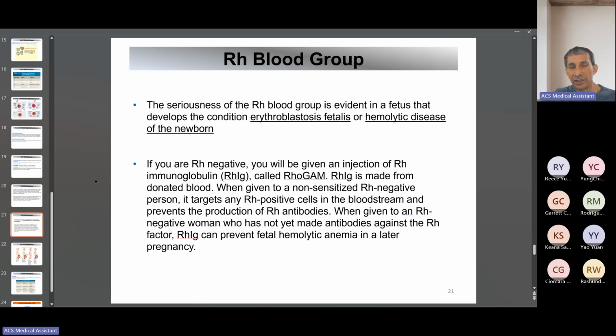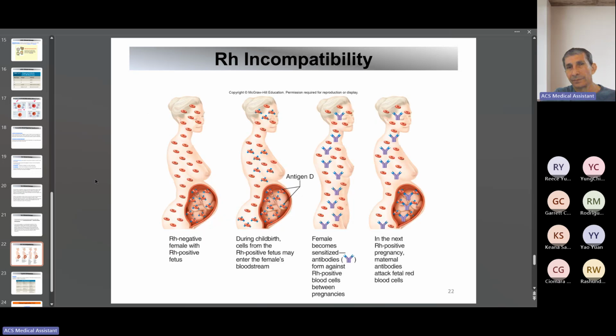Any questions about this? See, it is called Rh incompatibility. Now, remember, we have blood type incompatibility. That means that you are transfusing blood that is not matching my type of blood. But here we're talking about Rh. And we're talking about females that are negative.